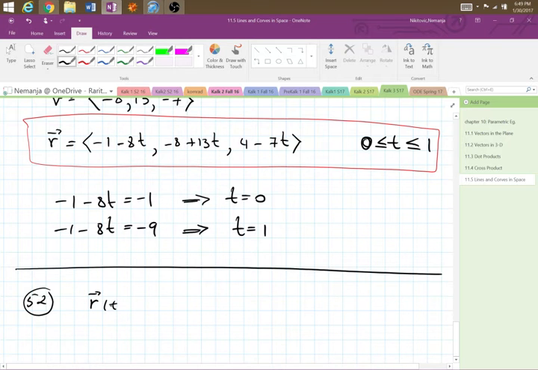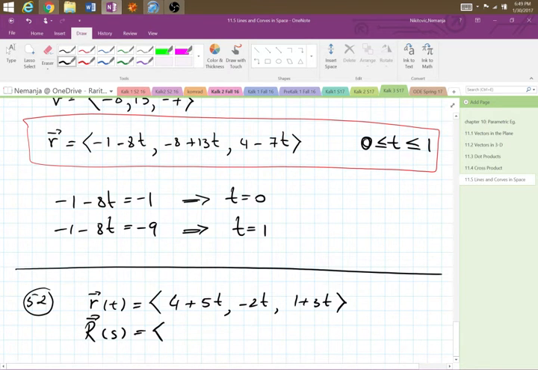R of t is given as 4 plus 5t, negative 2t, 1 plus 3t, and then capital R of s, which is a different line, 10s, 6 plus 4s, and 4 plus 6s.